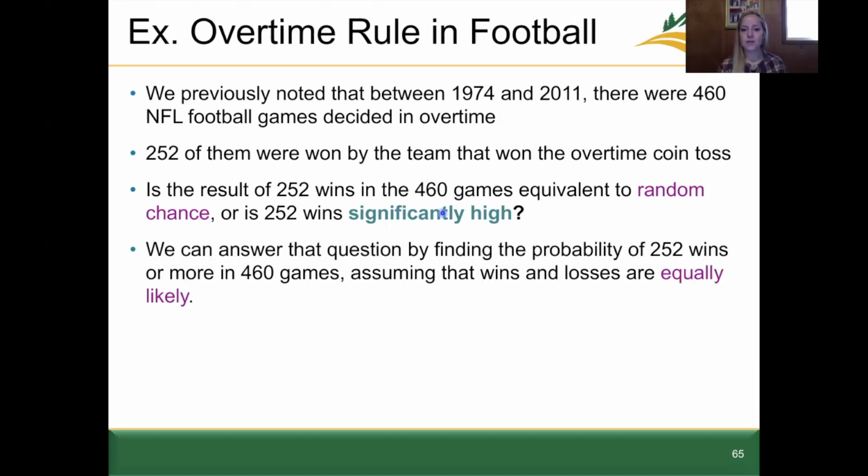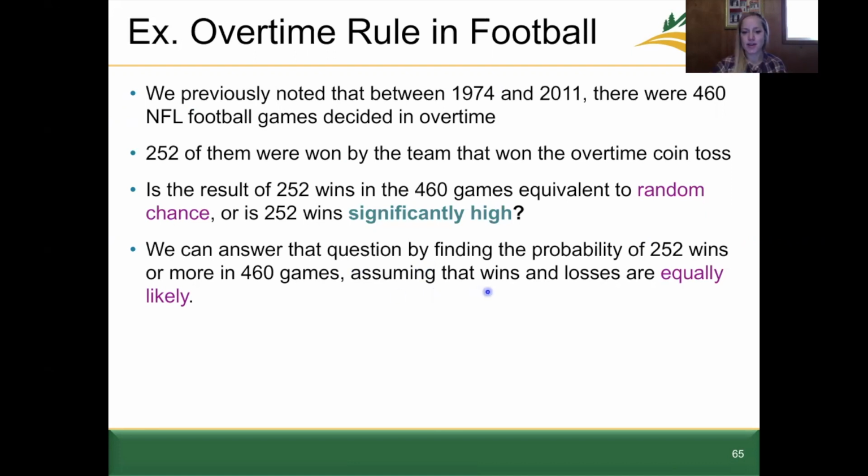To solve this one, we're going to set it up with a little bit different of a mindset. We're going to answer this question by finding the probability of 252 wins or more in 460 games. This comes with the assumption that wins and losses are equally likely. Now, in the question, we're not given the probability of winning one game or losing one game.